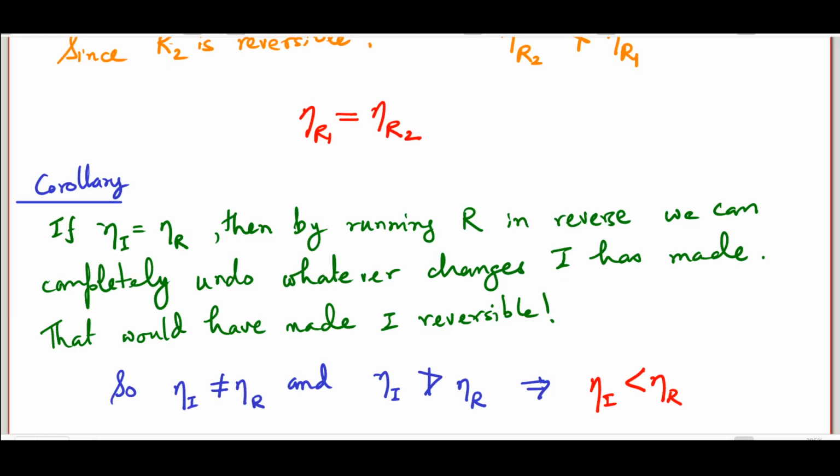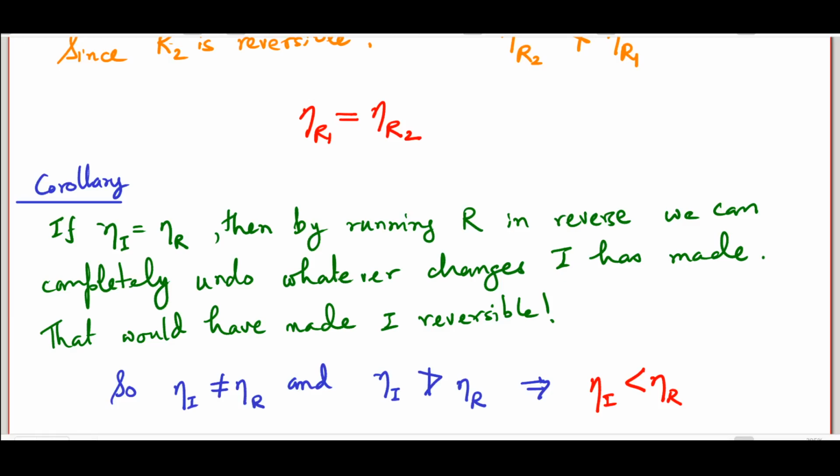As a result, by running R in reverse, we could undo whatever change happened to the surroundings when I ran. Of course, I is a cycle. Every engine is. So there was no change in the state of the system in the process, but the surroundings of course changed. But by running R in reverse, we can actually undo all those changes.